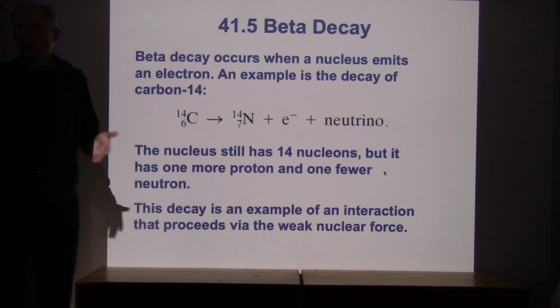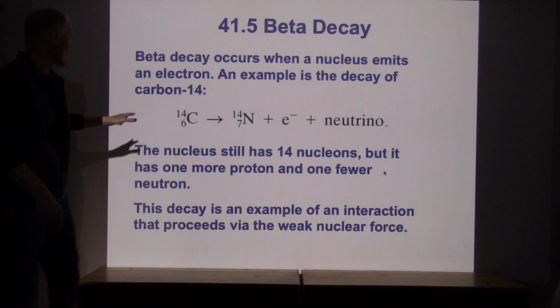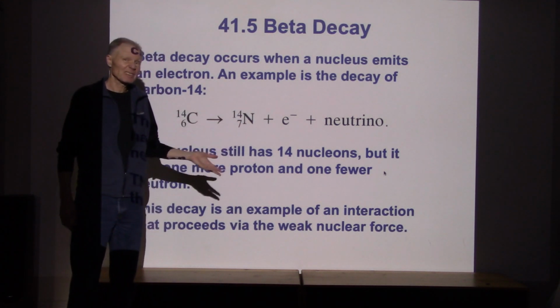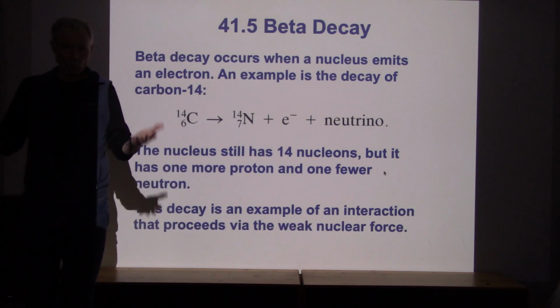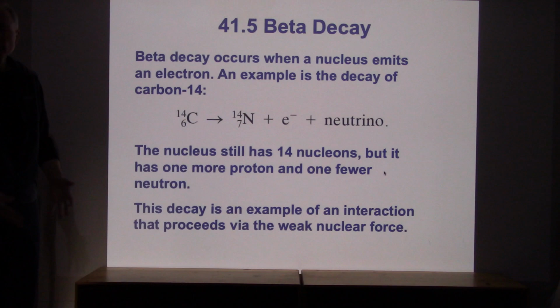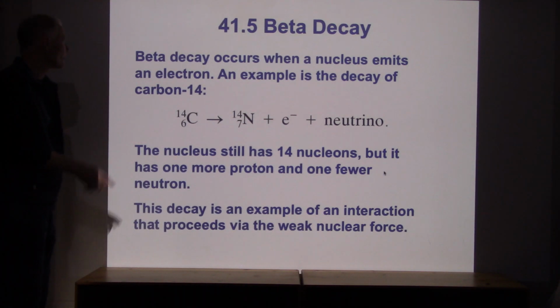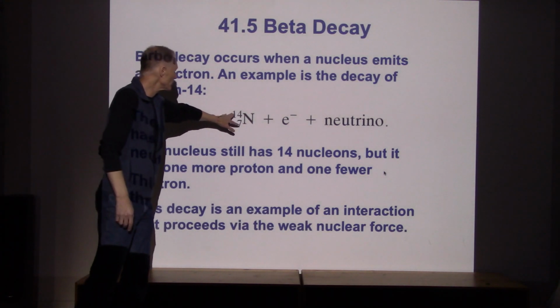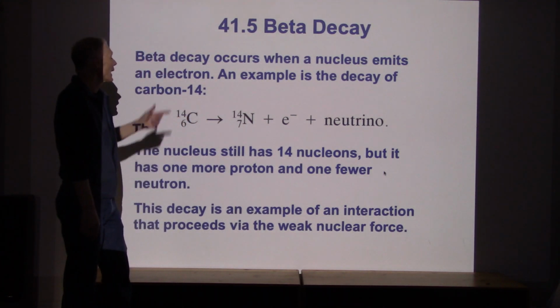And again, it's not that carbon-14 is unstable. It's just that there's something that carbon-14 can turn into relatively easily that's even more stable. So it turns out that nitrogen-14 is more stable than carbon-14. And there's an easy path that takes us from carbon-14 to nitrogen-14, and it's beta decay.